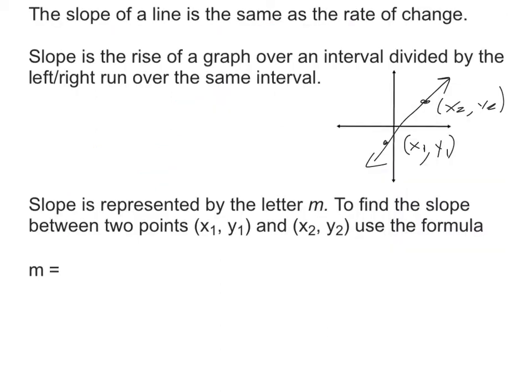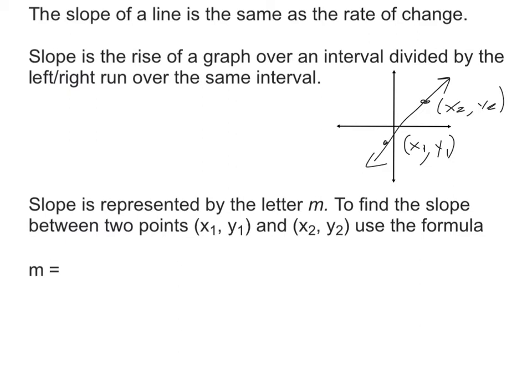So slope is the same thing as the rate of change. And when we want to find slope, we did it a couple different ways on the previous slide. We showed that we could take just the y value, the number of miles in that case, over the x value, the number of hours.